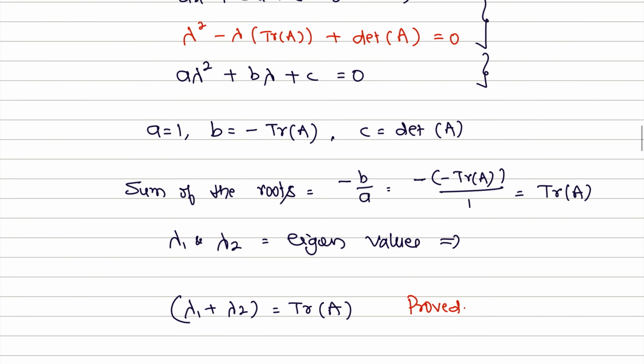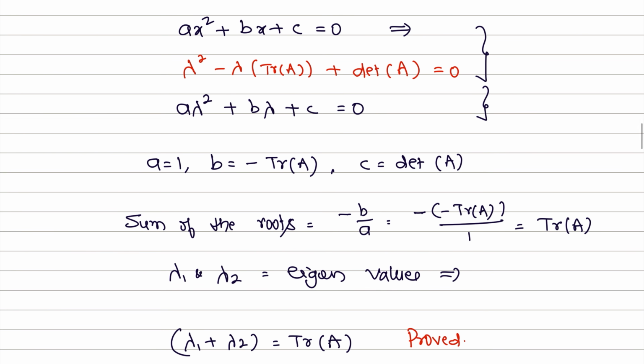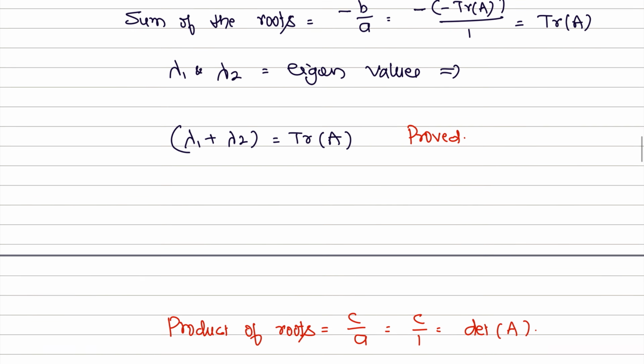Now, from the basic equation of ax square plus bx plus c is equal to 0, what is the product of roots? Product of roots is equal to c by a, that is equal to c by 1, that is equal to determinant of A. C is nothing but determinant of A. Please compare here.